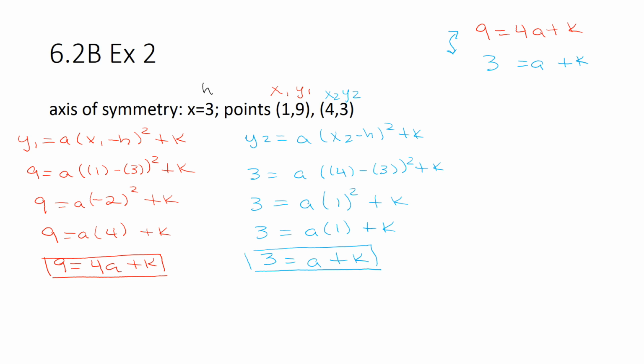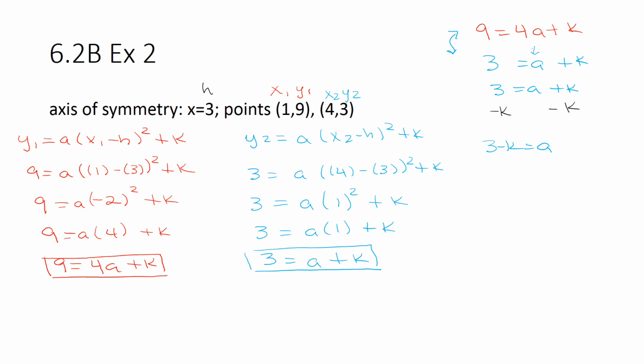I'm actually going to take this second equation here and I'm going to solve for a. So I have 3 is equal to a plus k. I'm just rewriting it. In order to solve for a, I'm going to subtract that k. Yes, it's a variable, it's not a big deal.